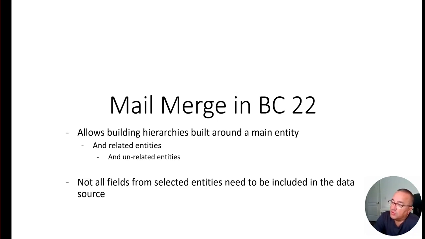We connected it with the primary contact number field, and then we also added an unrelated entity, which was the company information. We also saw that we don't need to include all the fields from all the entities related or unrelated. In fact, we have a limit of 250 fields from all entities that are used in a template.